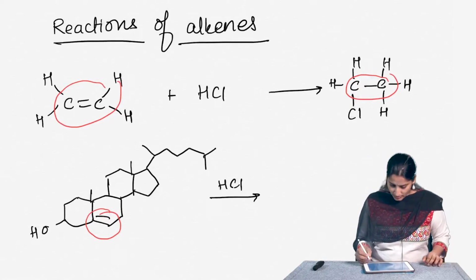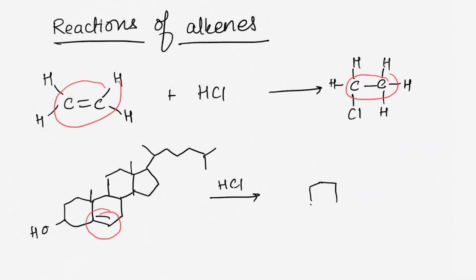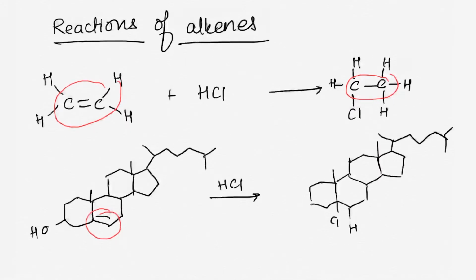So, it is going to form this. Irrespective of the kind of molecule I have, I can determine its reactivity based on the functional group it has. So, this is really key to understanding the reactions of organic compounds.